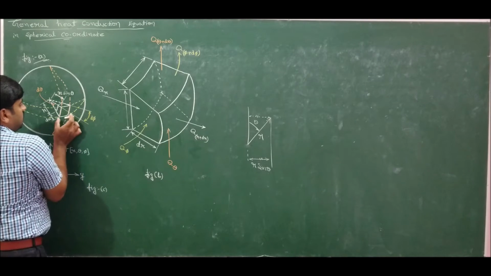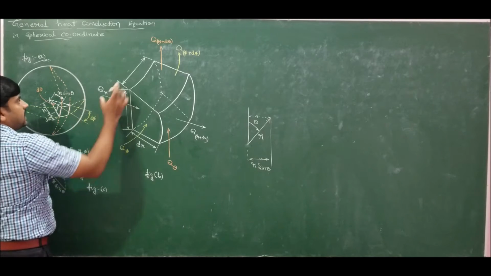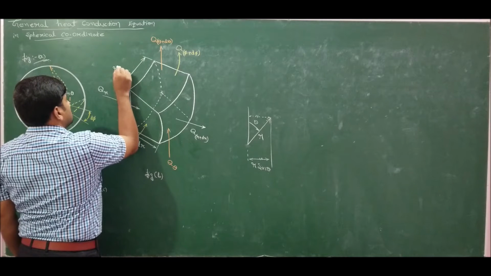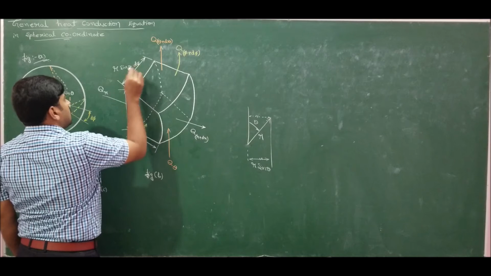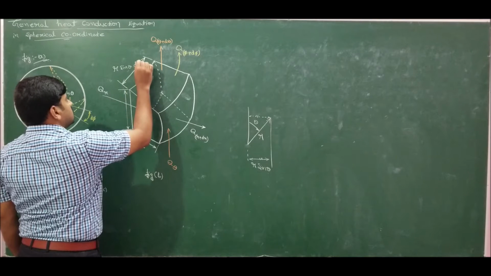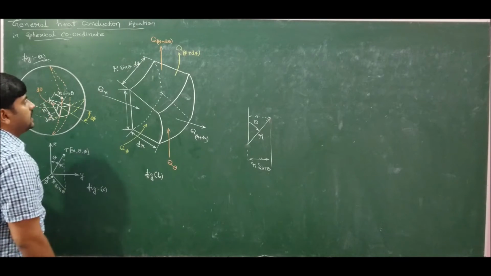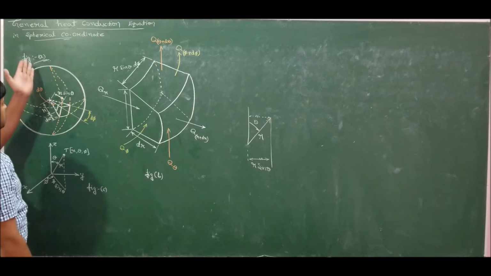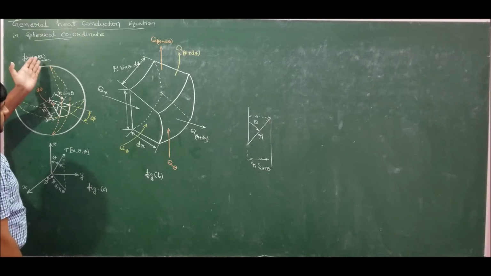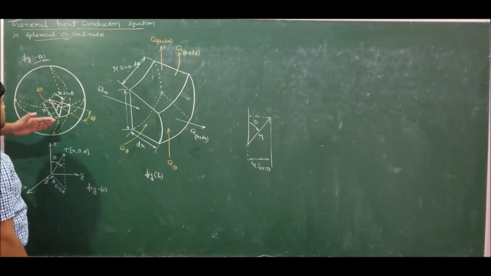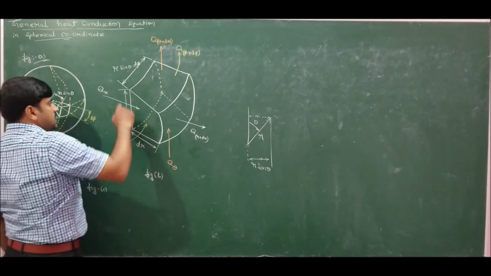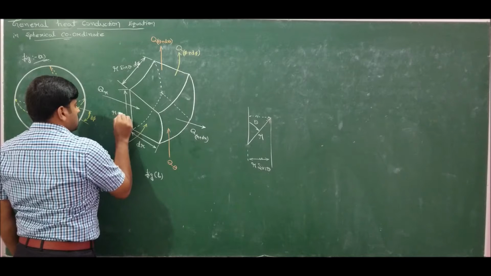Using the formula S equals r theta, I can write this as r sin theta d phi. r sin theta d phi, very important. Whereas in the vertical plane, it is the radius r varying with an angle of theta, hence it is r d theta. Therefore this length will become r d theta.